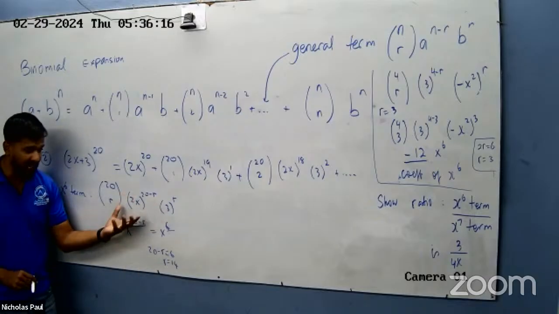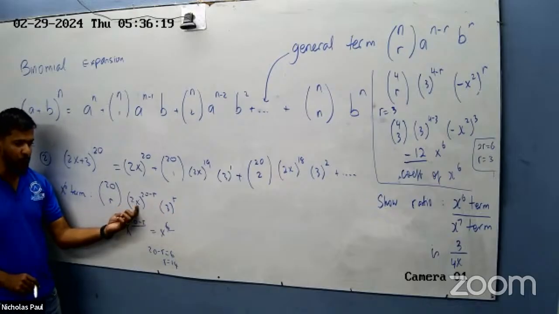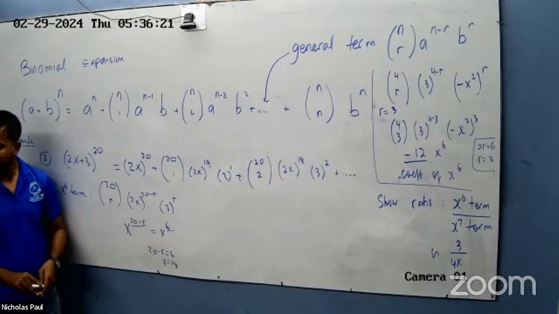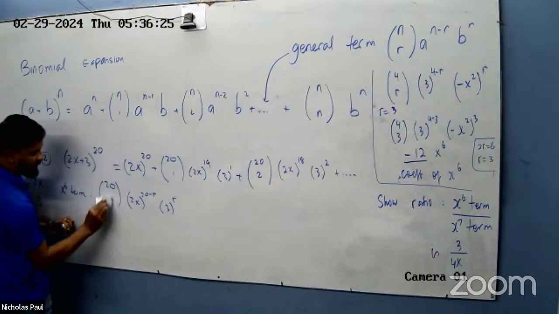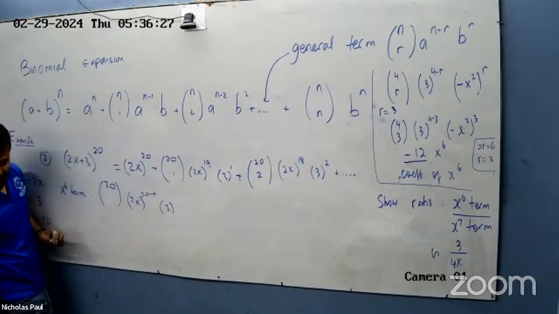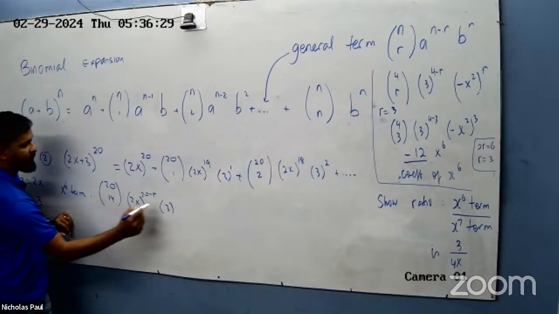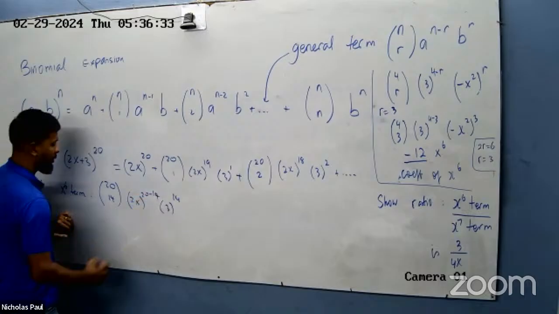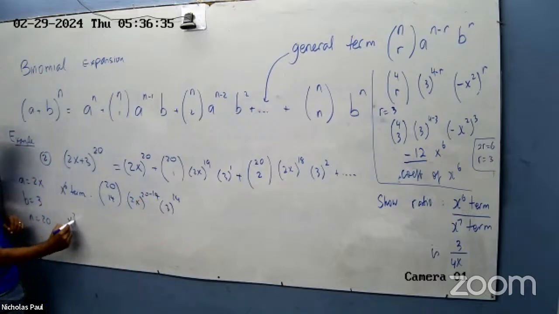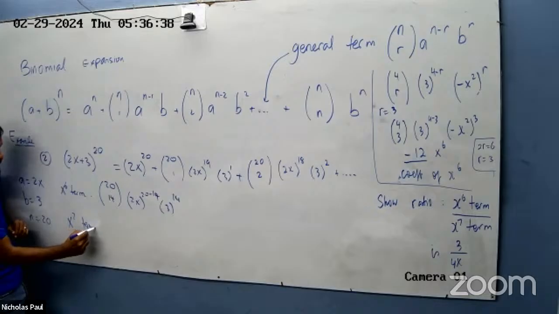So R is 14. That's okay? So you bring all the x's together, there's only one x. Right? So I got 14. So I'm taking off R here, taking off R here. That's 14. This is 14. And now the x7 term, we can figure it out because it's easy.